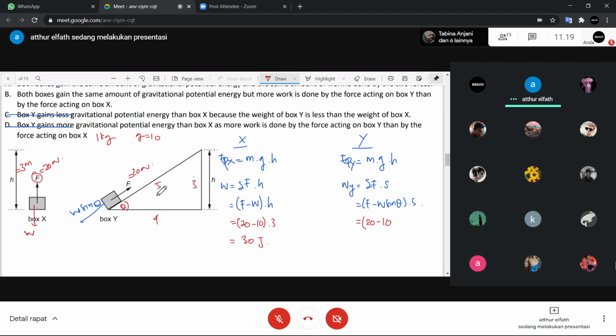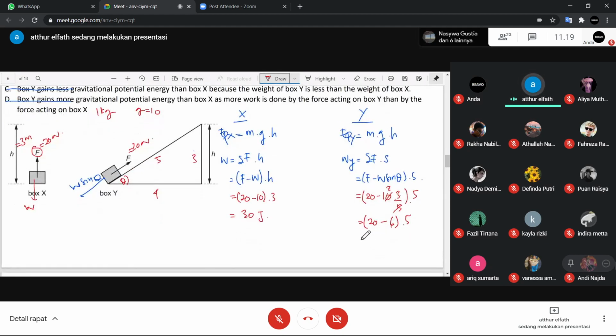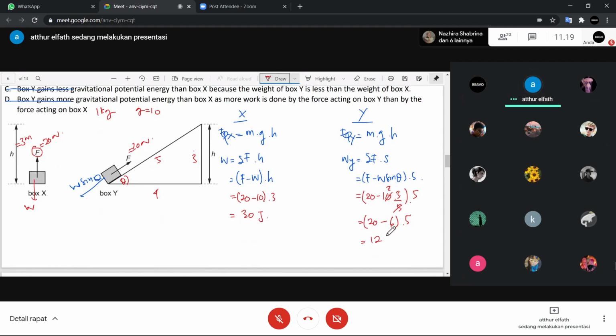Theta means the opposite divided by the hypotenuse, 3 over 5, times 5. So 20 minus 6, which is 14, times 5. So this equals 70 joule.